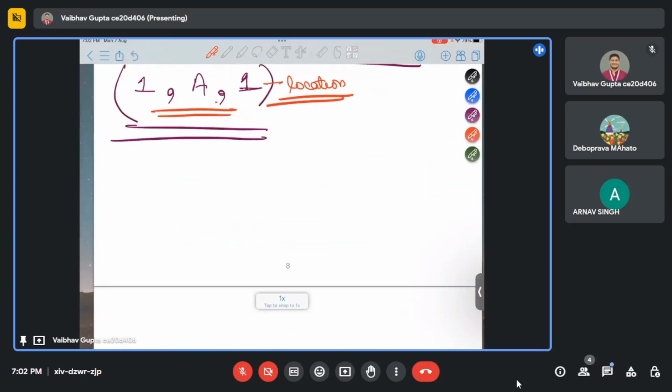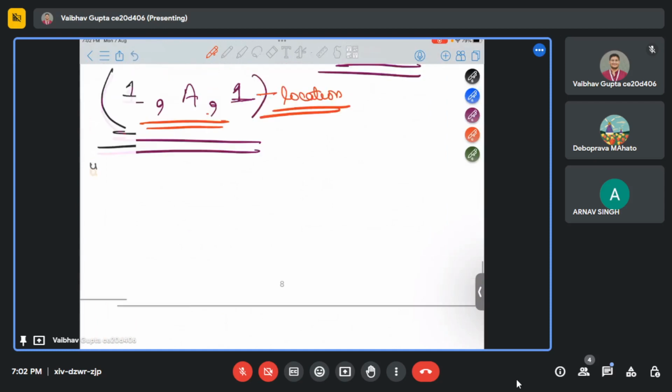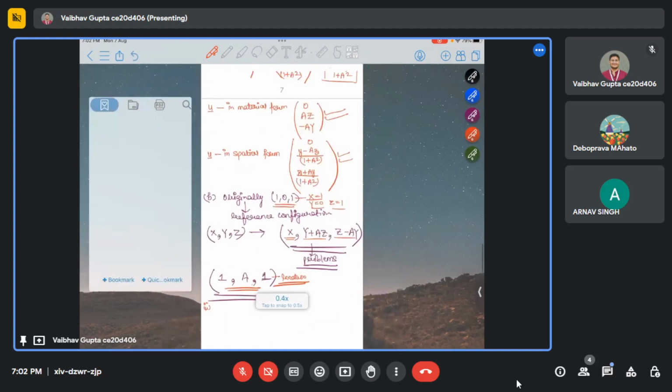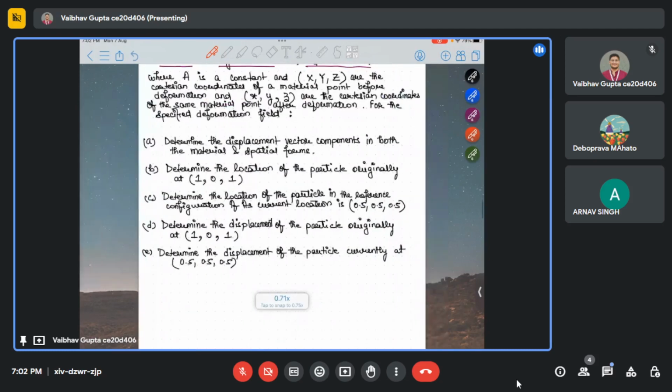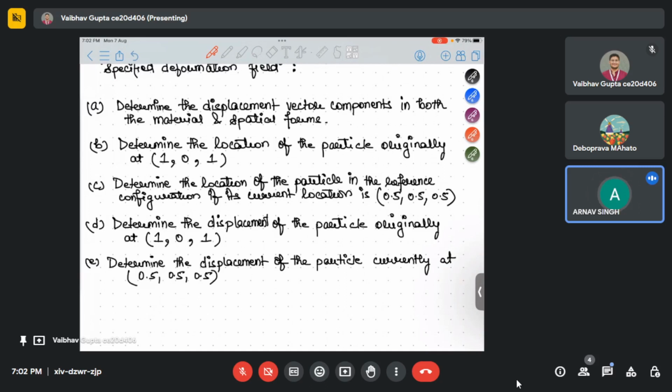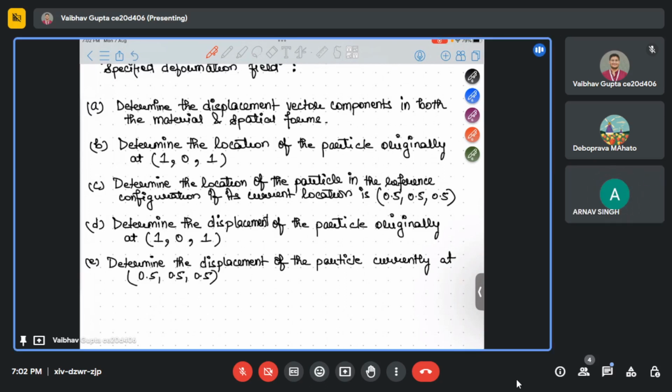So now the next part comes here. The next part says in the question: determine the location of the particle in the reference configuration if its current location is 0.5, 0.5 and 0.5.